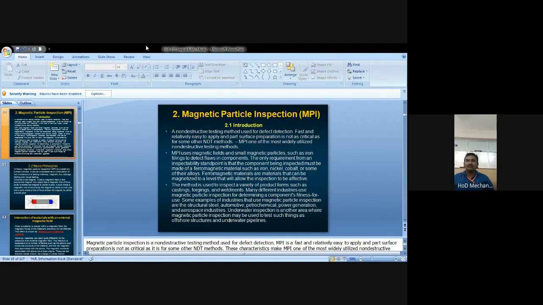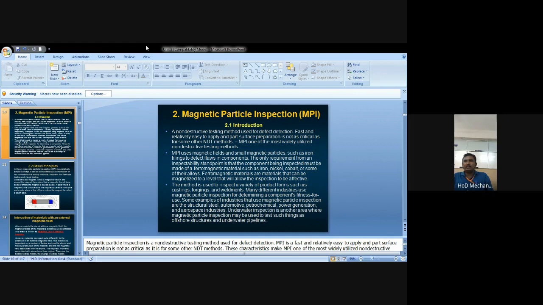It is very fast and relatively easy to apply on the surface of the part you have to check or inspect, and the preparation of the working specimen is not critical. It is one of the easy methods. Like liquid penetrant testing, where you have to prepare the surface of the specimen before testing with so many preparations, in this MPT method there is no need for critical preparation of the working specimen.